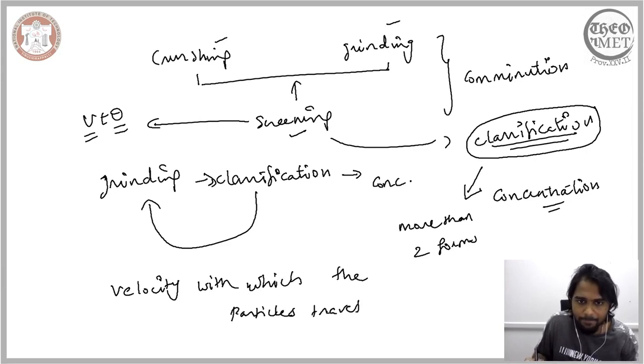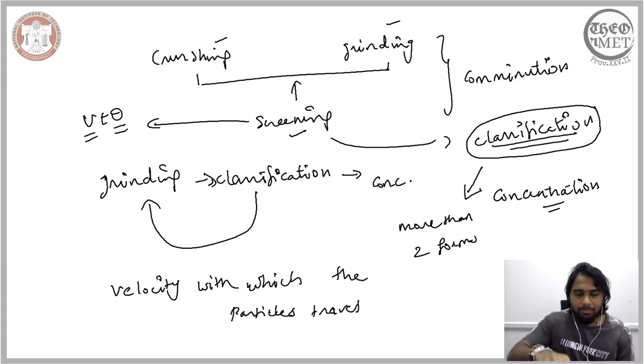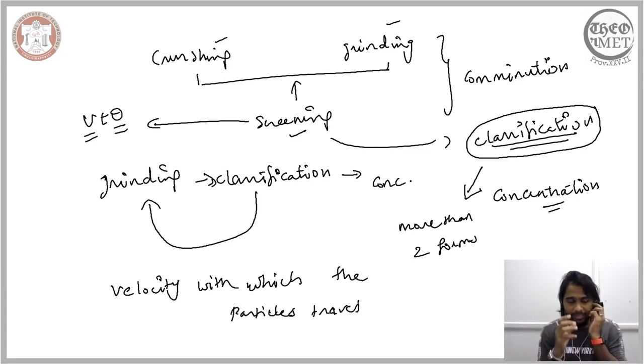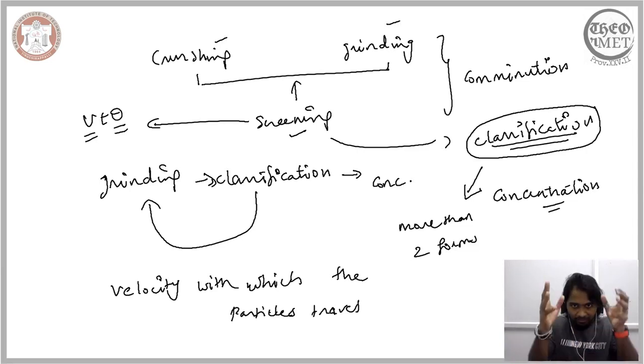So essentially, the particles are allowed to travel, and depending on the velocity with which these particles travel, the different particles are then categorized. So we need to have a medium, or a setup, in which these particles are allowed to travel.